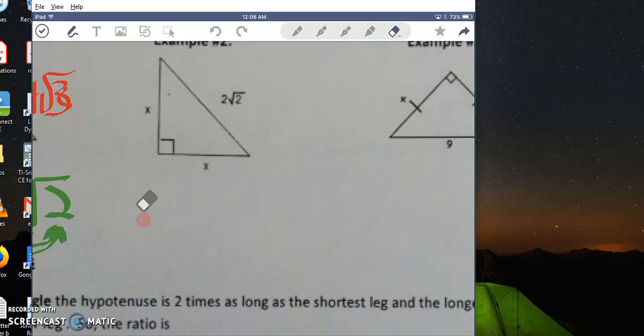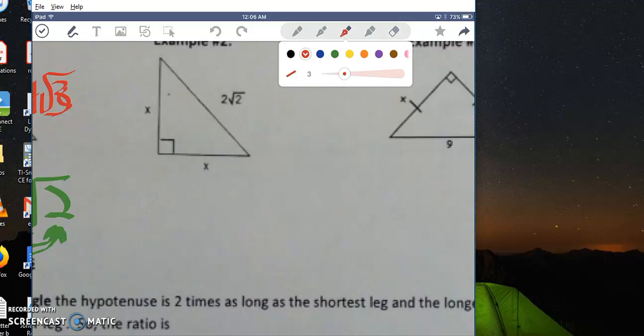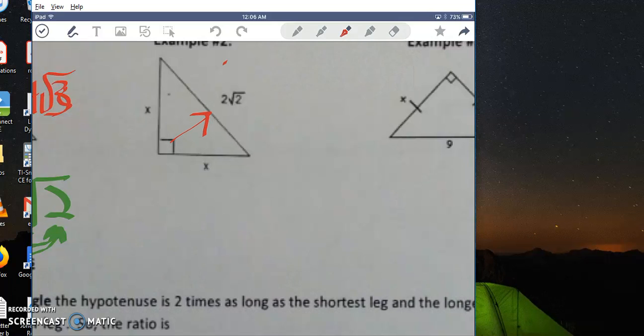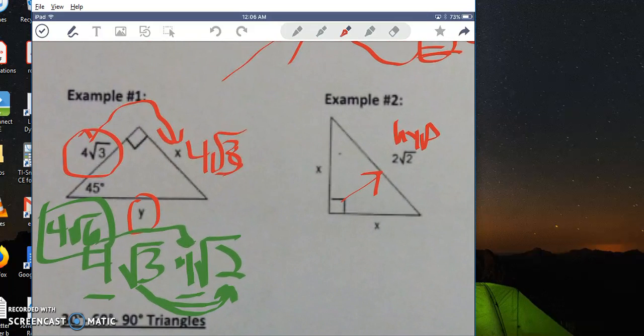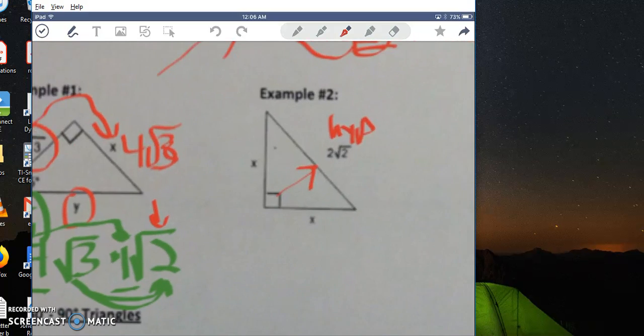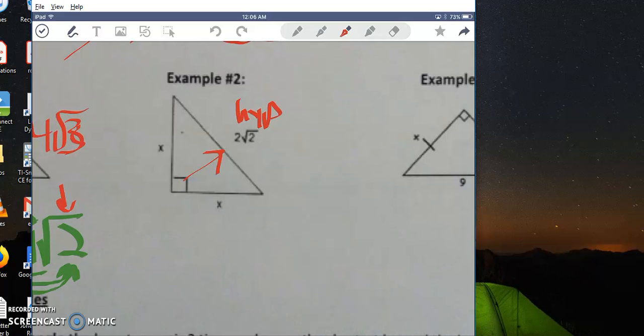So, in the second example, we have the hypotenuse. Okay? Earlier, to get to the hypotenuse, we multiplied by radical 2. Now that we have the hypotenuse, we do the opposite of multiplying by radical 2 to get to the legs, which is to divide.